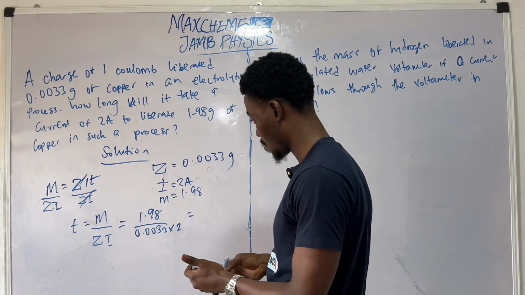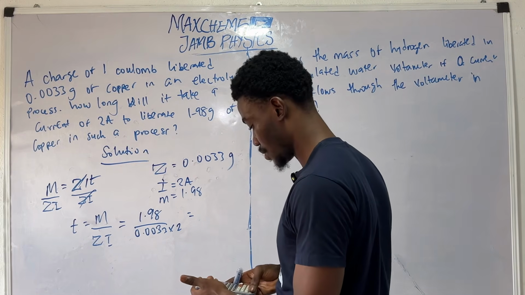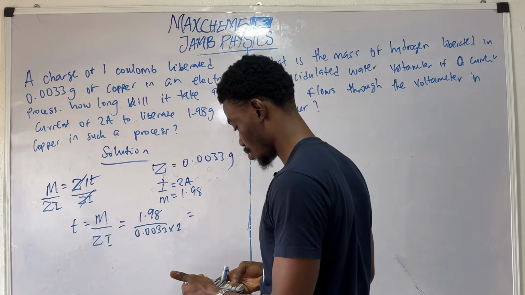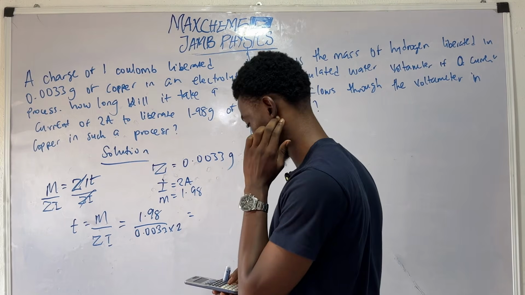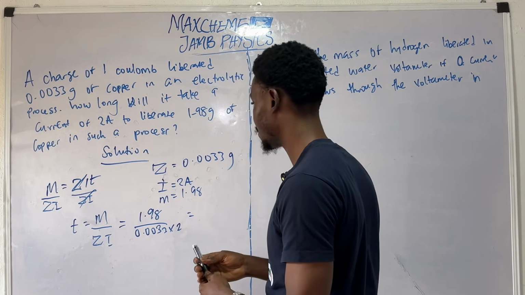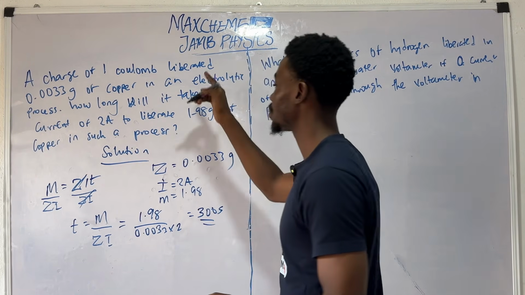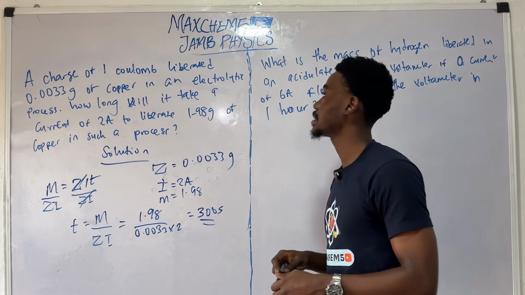So we have 1.98 divided by 0.0033 times 2. That gives us 300 seconds. So that's how you solve for a question like this.